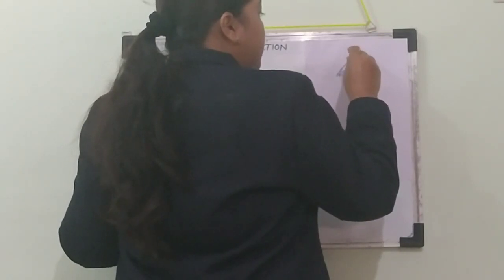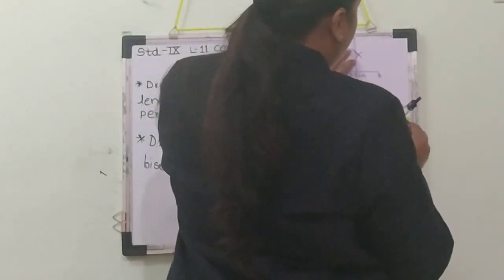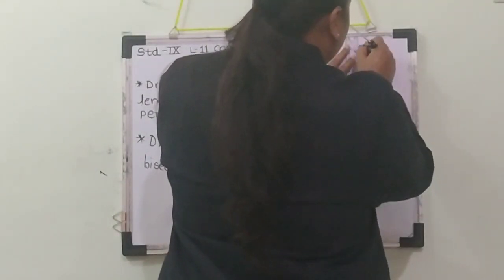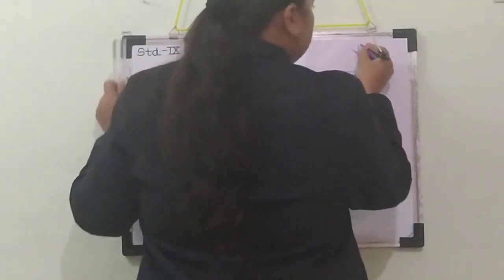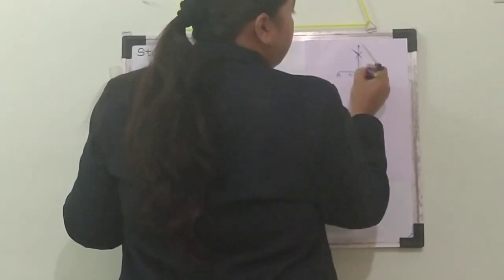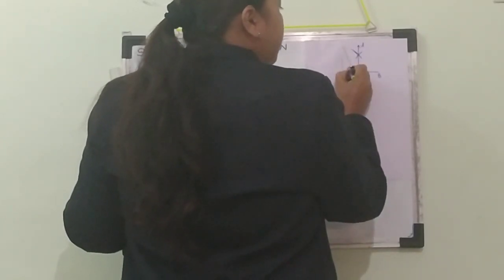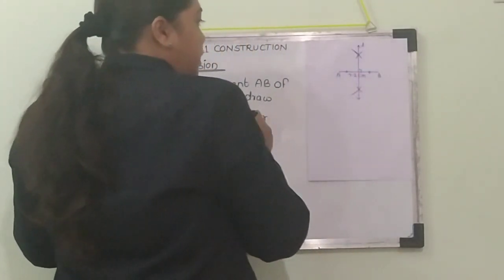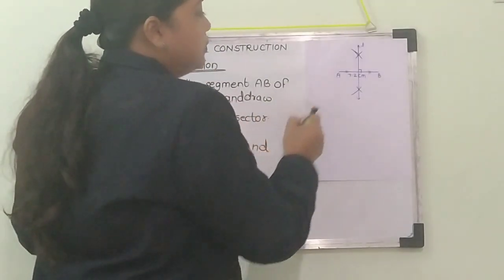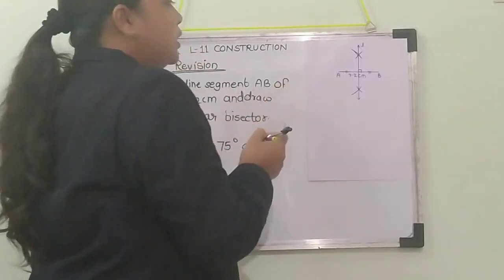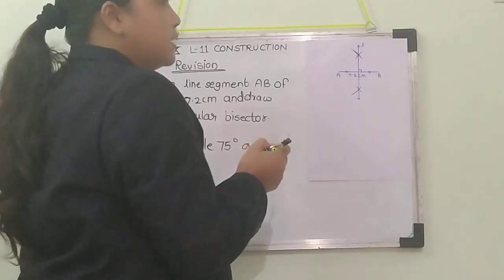Here they intersect with each other, and we draw the line passing through the intersection of the arcs. This line is a perpendicular, and it bisects the given line segment. So line L is called the perpendicular bisector of segment AB. In this way we can draw the perpendicular bisector of any line segment.